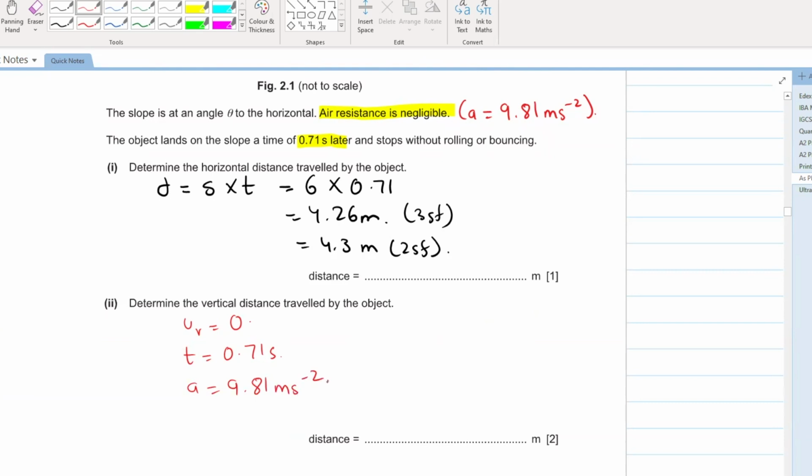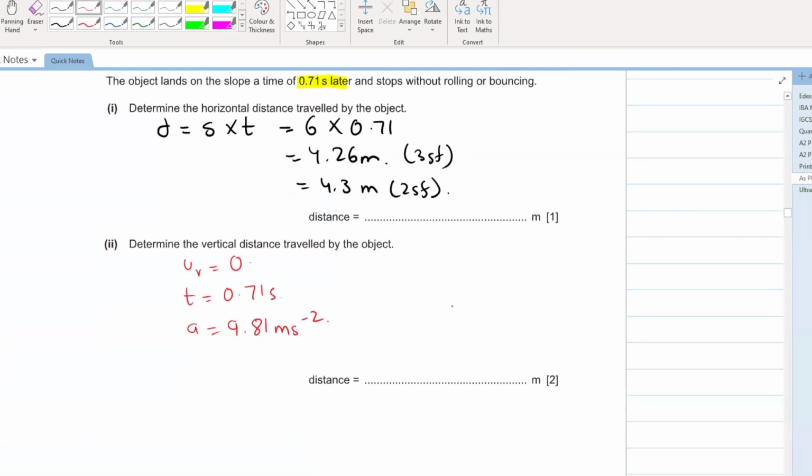Can we apply any formula to calculate the vertical distance traveled? Yes, I remember one formula. s equals ut plus half at squared.